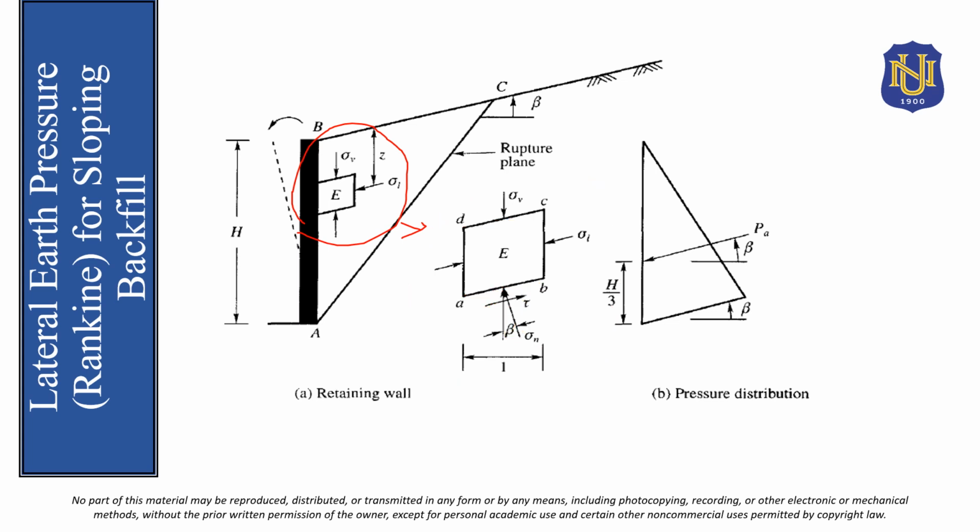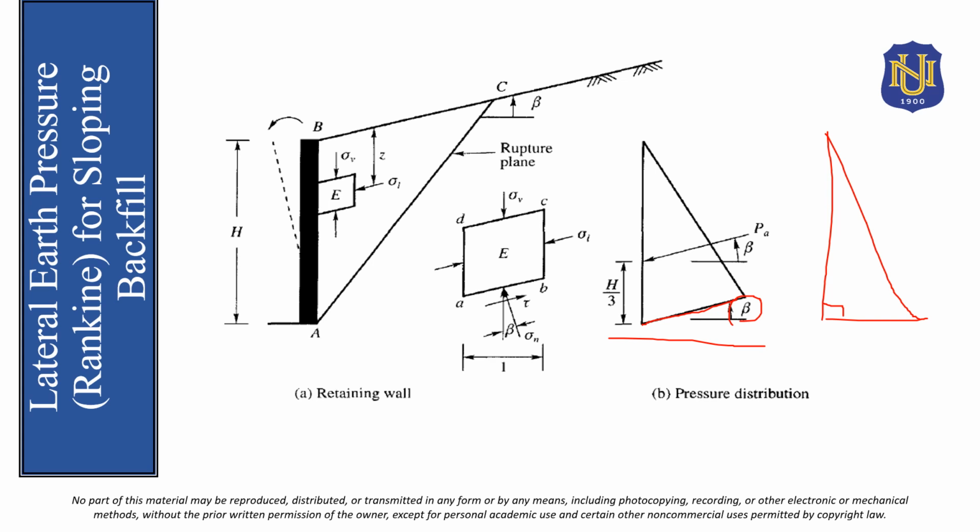Now, let's go to the pressure distribution of this inclined backfill. Originally, when our backfill is horizontal, our pressure distribution is like this. You have a right triangle. But for a sloping backfill, as you can see in this figure, the plane at the bottom is inclined at an angle beta.